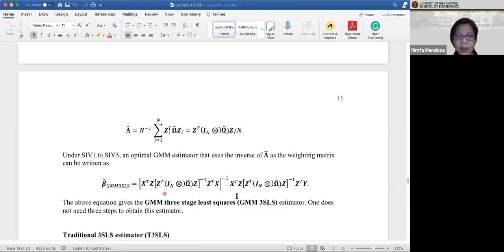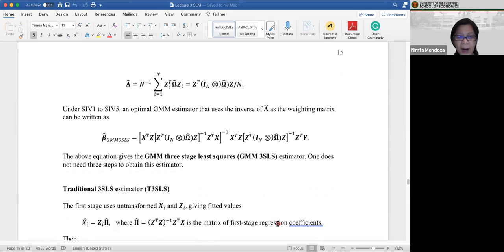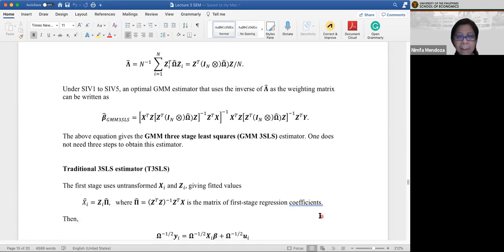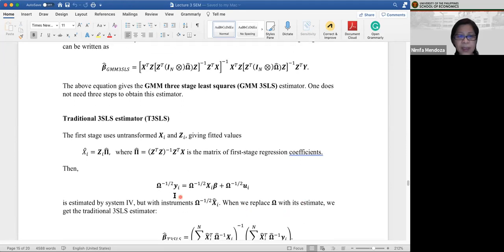Okay, so we have here the GMM three-stage least squares estimator. Okay, so it is a bit different from the traditional three-stage least squares estimator, which is derived in this way.